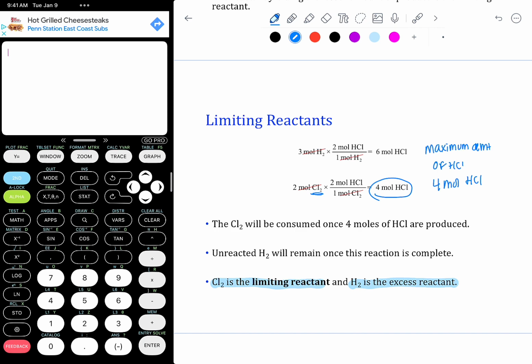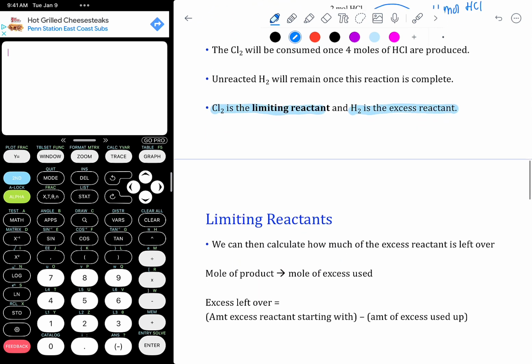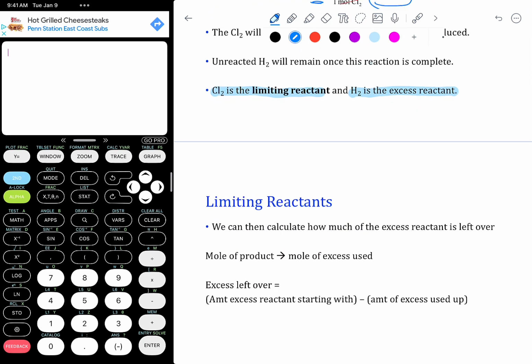To calculate that, we want to take our moles of product from our limiting reactant, which in this case is 4 moles of HCl, and convert that back to the excess reactant to see exactly how much of that excess reactant we actually needed.